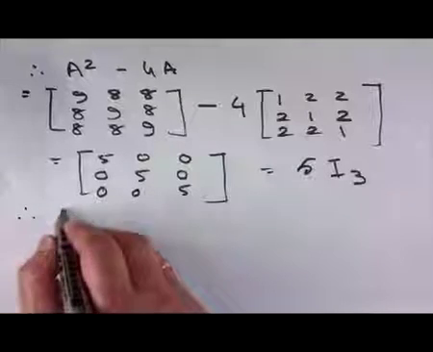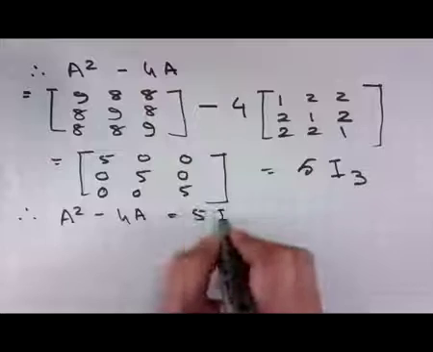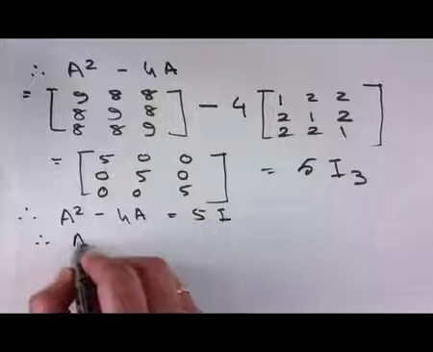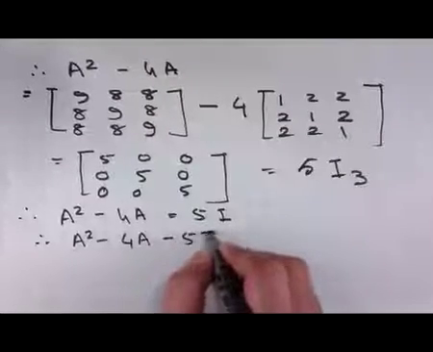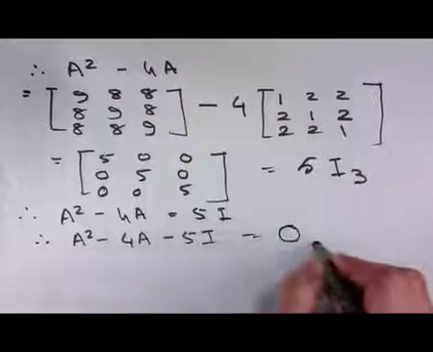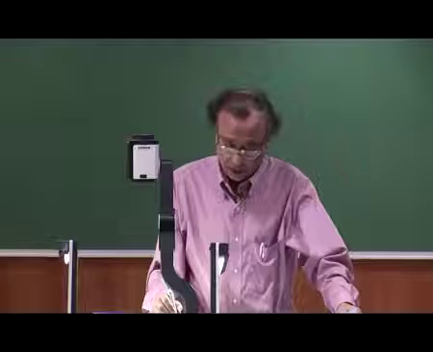Therefore, A square minus 4A is equal to 5I. Therefore, A square minus 4A minus 5I is equal to the 0 matrix of order 3 cross 3.